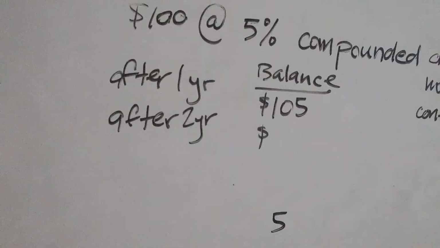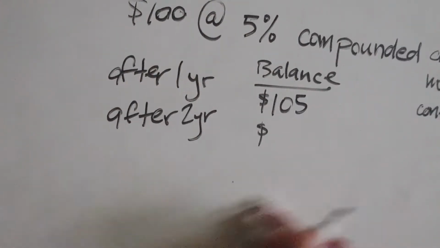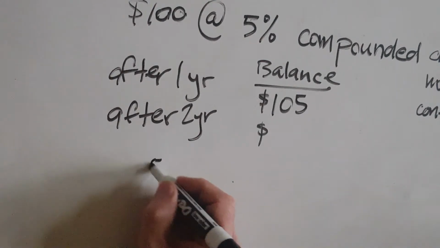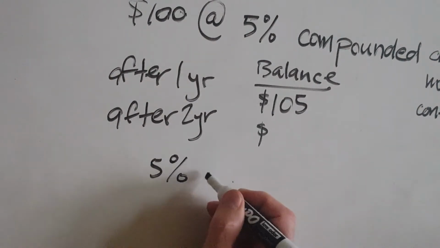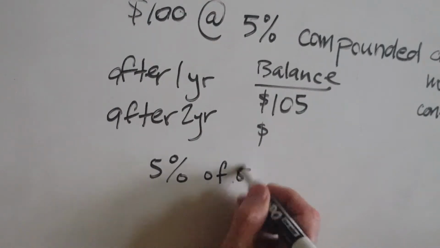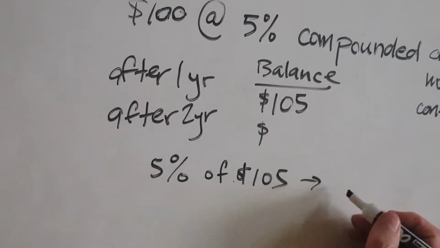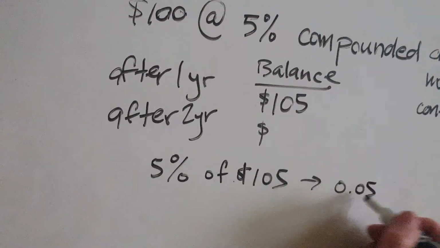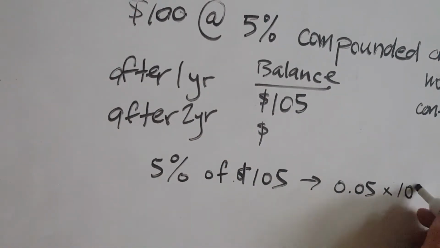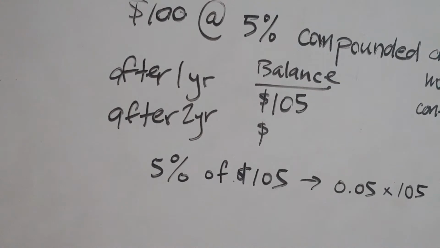Okay, let's move that up. Okay, there we go. So we've got 5% of $105, okay? Well, we just figured out how to do that, right? That's going to be 0.05 times 105, right?